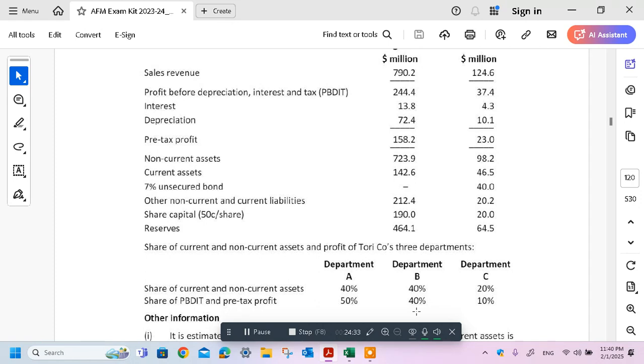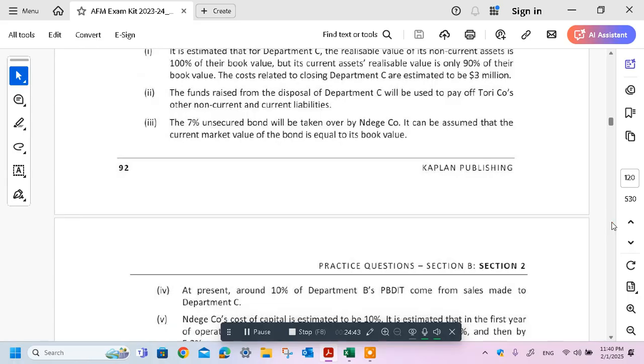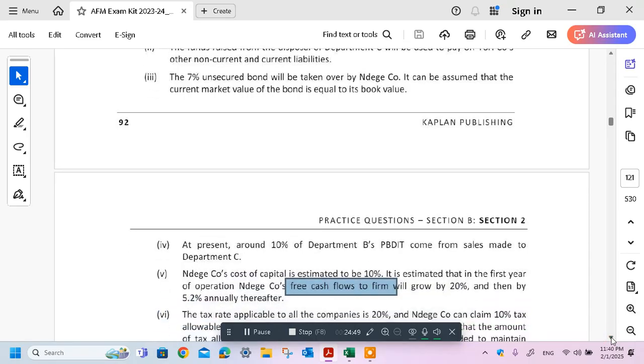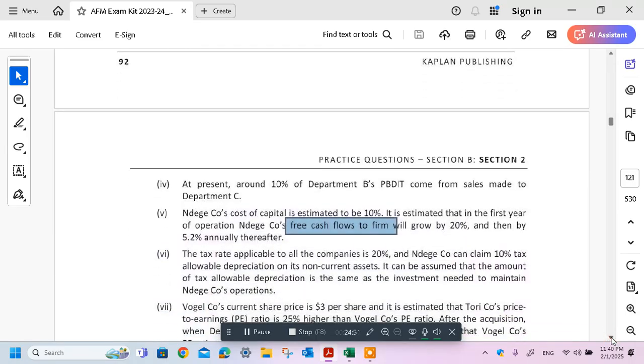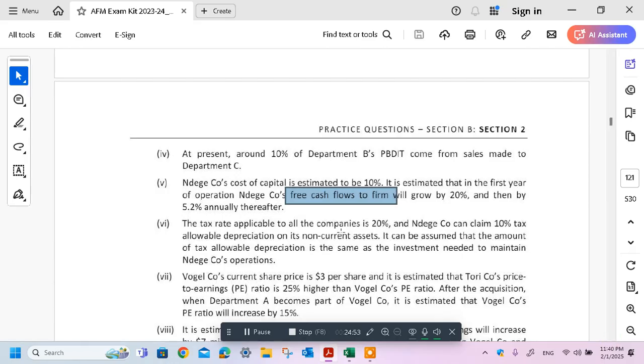So what we will do, I need profit before interest and tax, right? So we will take this figure, PBDIT, subtract depreciation. Why do I say that? There is a point about depreciation also. Here, tax rate applicable. Dutch company can claim 10% tax allowable depreciation on its non-current assets.